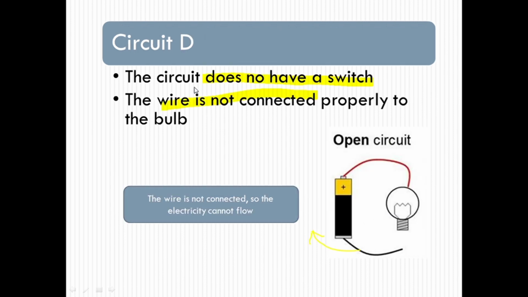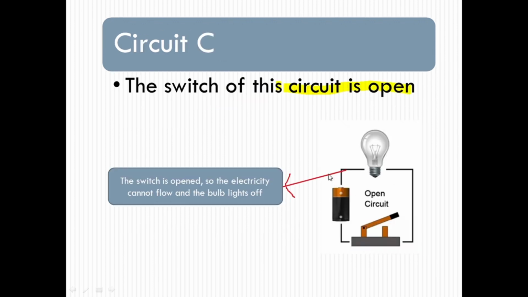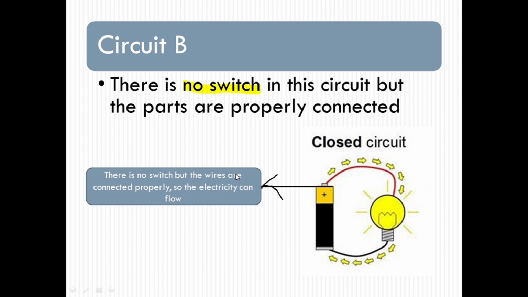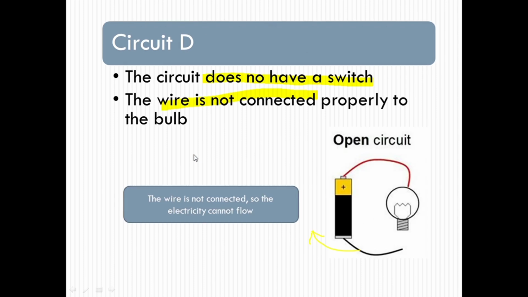How about circuit D? On circuit D, the difference from circuit B is that there's also no switch, but here the wires, the electric supply and the bulb or the lamp are not connected properly to each other.